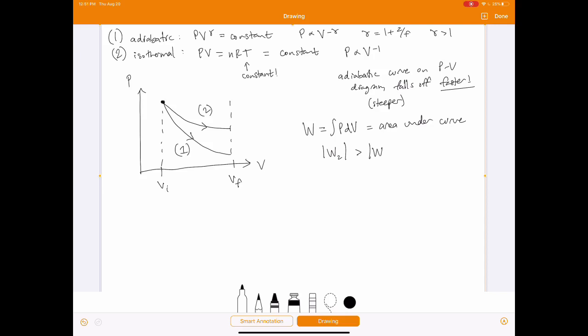So compared to curve number 1, there's more work. And what we say is number 2 was the isothermal one, so more work in the isothermal process compared to the adiabatic. In a nutshell, you get more work out of an isothermal expansion compared to an adiabatic expansion. That's what this says.